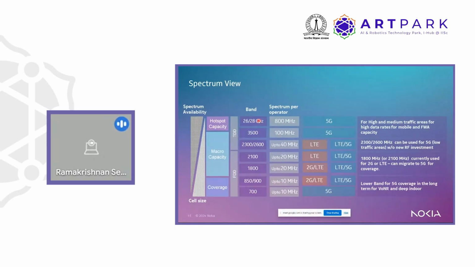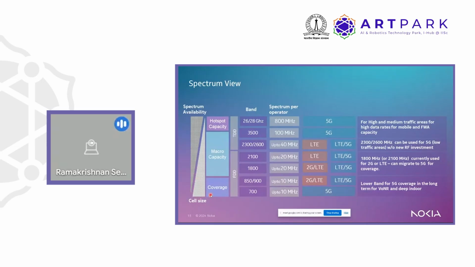Traditionally, from a basic concept perspective, the lower you are on the spectrum, the bigger the deployment cell size would be, in the sense that you would be able to cover more area geographically for the same power that you radiate.